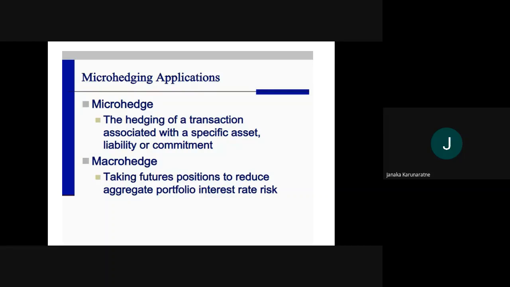We want to match the duration of assets and the duration of liabilities for the entire balance sheet. Remember, we did some questions. Our change in equity equals minus duration gap into assets into change in interest rate divided by 1 plus R. Remember the formula? That is called macro hedging, duration hedging.